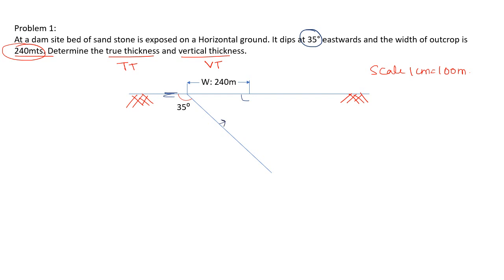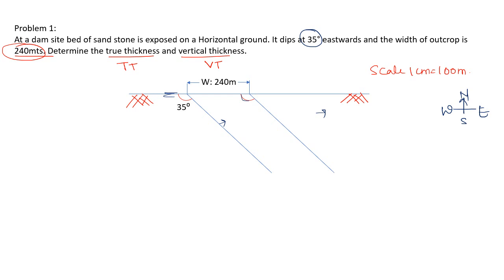This also will become 35 degrees eastwards. The simplest way: this is north, this is south, this is east, and this will be west. So if they are moving in this direction, towards the east, we will be drawing it.